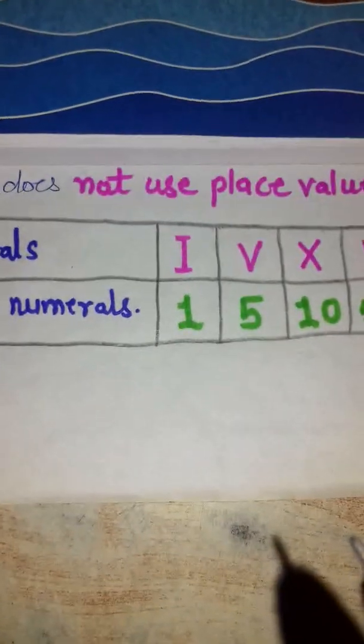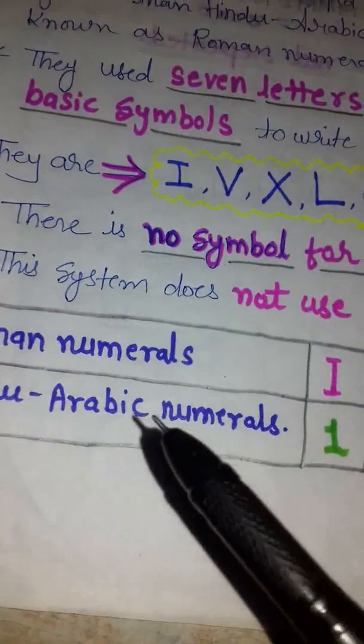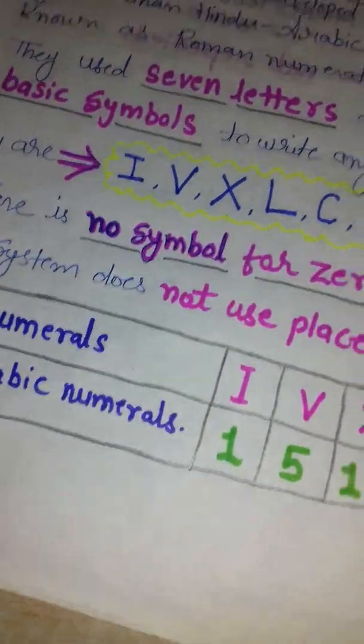Now see students, what is the value of Roman numerals in Hindu-Arabic numerals, as we are using the Hindu-Arabic numeral system. So let us find the value of Roman numerals in Hindu-Arabic numerals by converting.